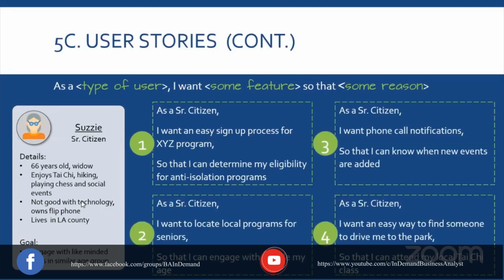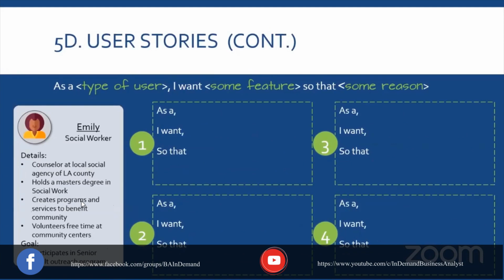So as we went through one user, now, as I mentioned, we have different types of users, and I want to be mindful of our time. We have 15 minutes left. So for this part, I started it out for you guys so you guys can practice. Remember, this is the format that we would like you to use, and this would help you in your career as you are creating user stories.